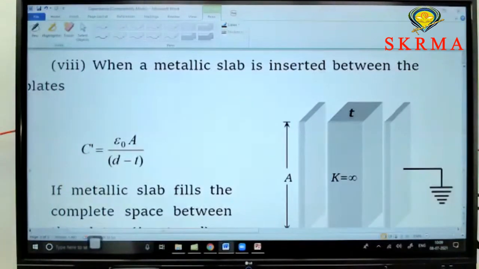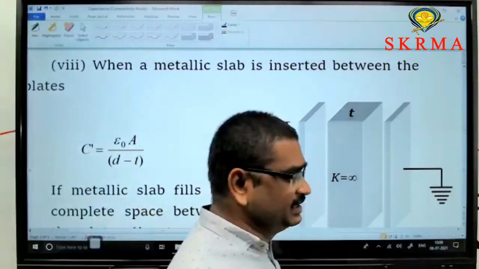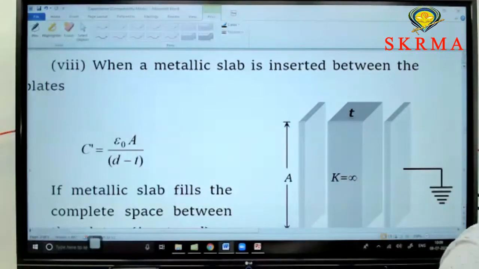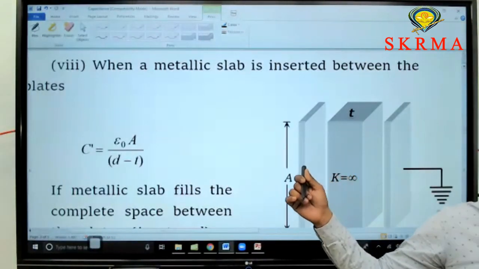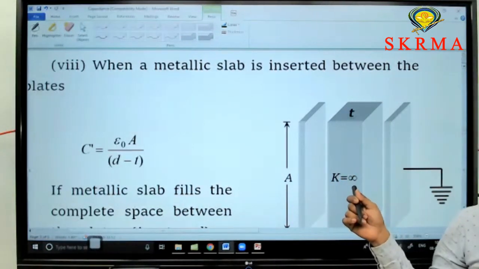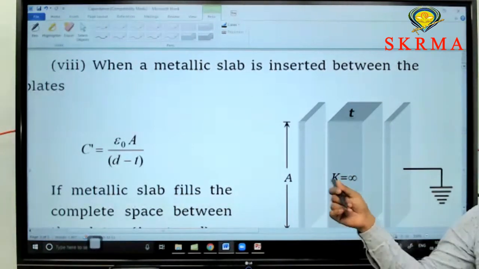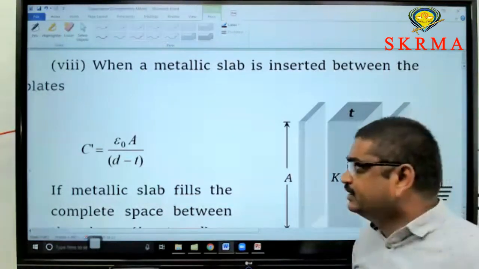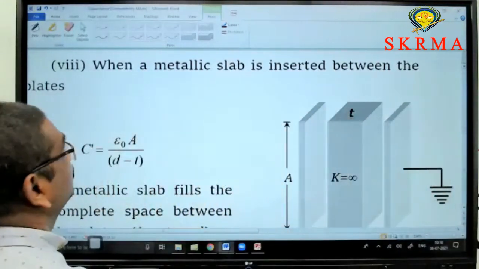So if you place one metallic slab within the capacitor, then what happens? Dielectric means a non-conducting material. Now we are placing one conducting material or metal. If we place one conducting material, then what is the capacitance equation?